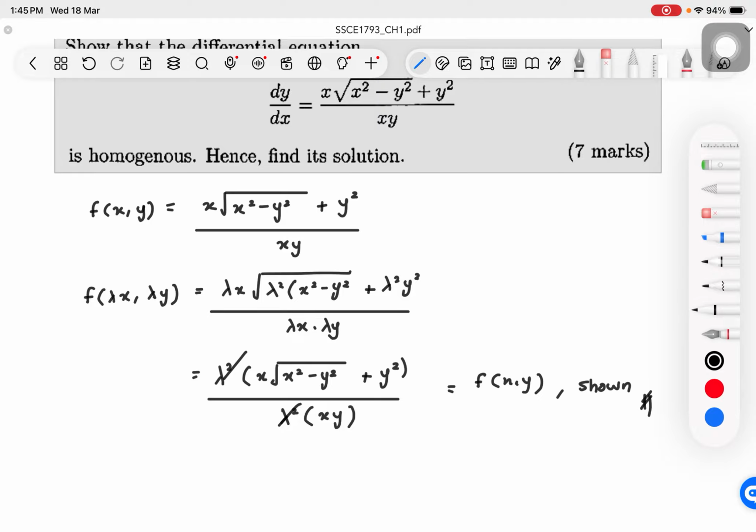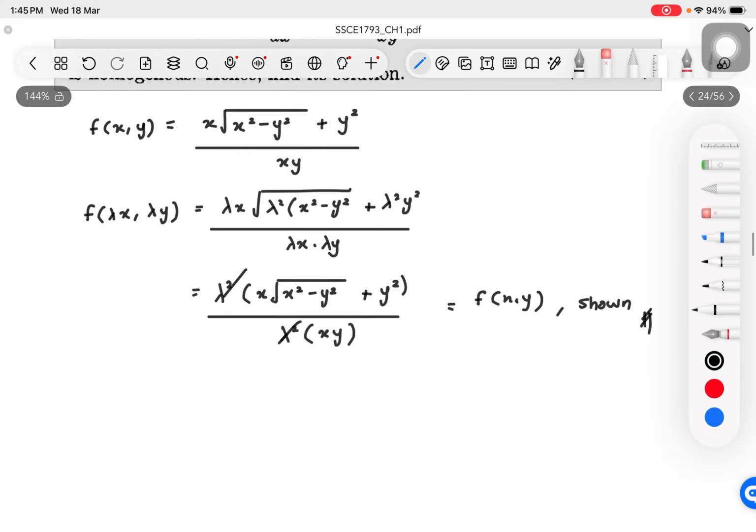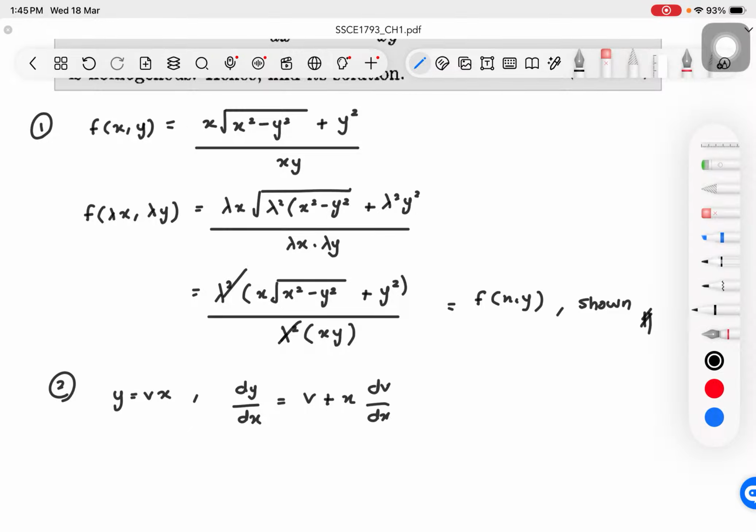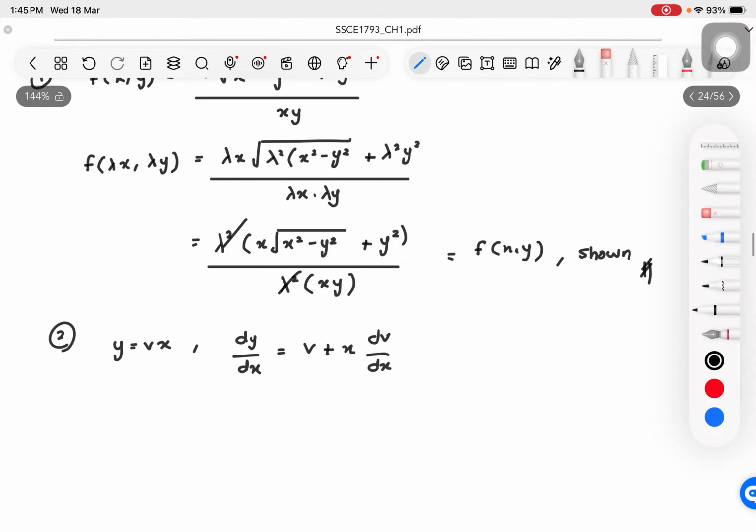Alright, so next. Once we confirm that this equation is homogeneous, now we want to make the substitution. So y is equal to vx, and dy over dx is equal to v plus x dv over dx. So you substitute inside the equation.